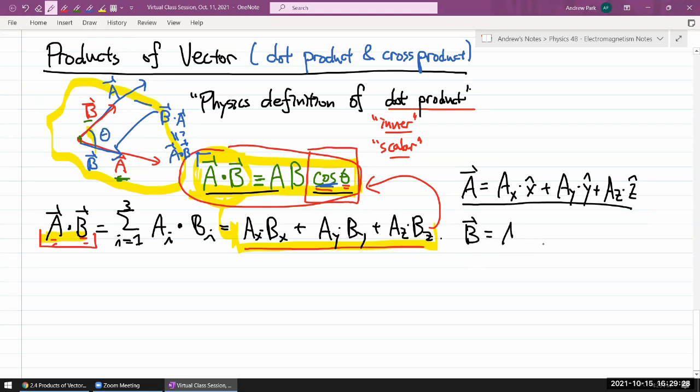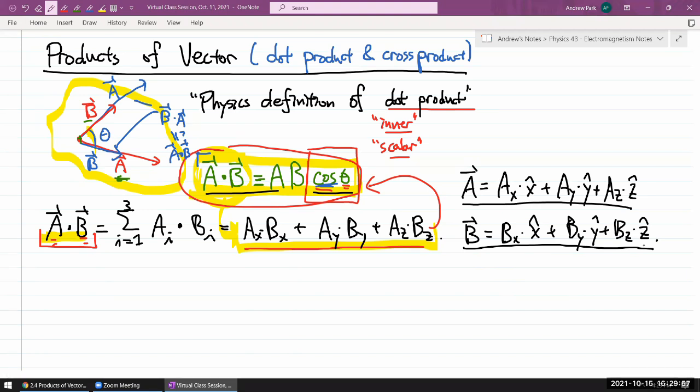The capital letter is the component, so it should be Bx times x hat plus By times y hat plus Bz times z hat.